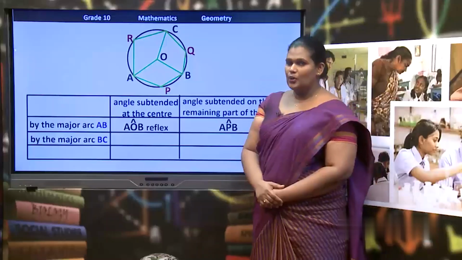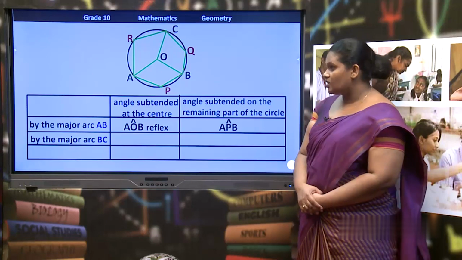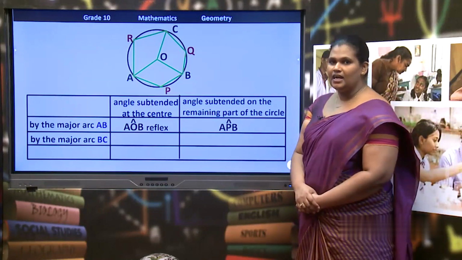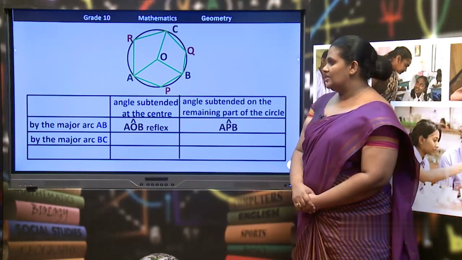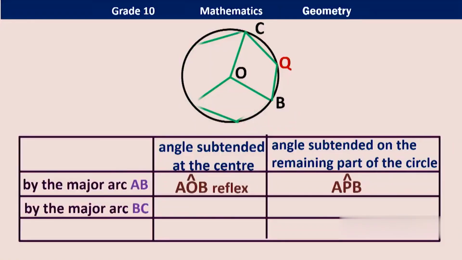Right. First of all, we will consider about the angle subtended at the center of the circle by the major arc BC. So, what is that? We will see. First, we will just get the major arc. Right. Now, here we can see by the major arc BC, the angle subtended on the center is BOC.